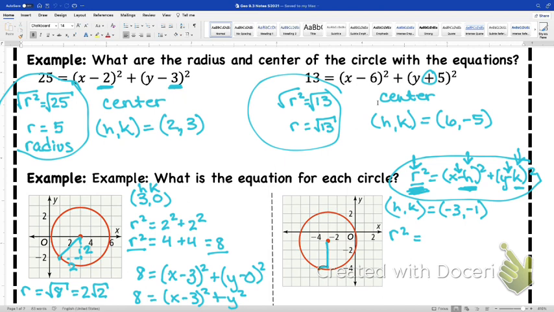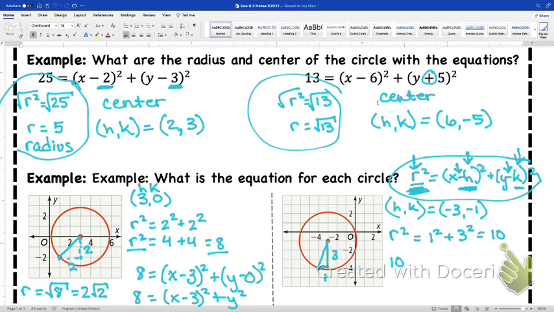So that is 3 and 1. We made a triangle, so we're just counting the lengths of the triangle. So I have 1 squared plus 3 squared, which is a total of 10. So my equation is what?